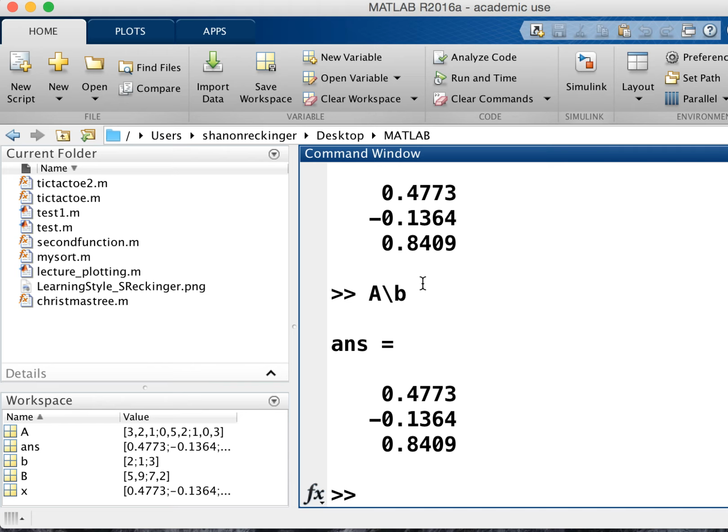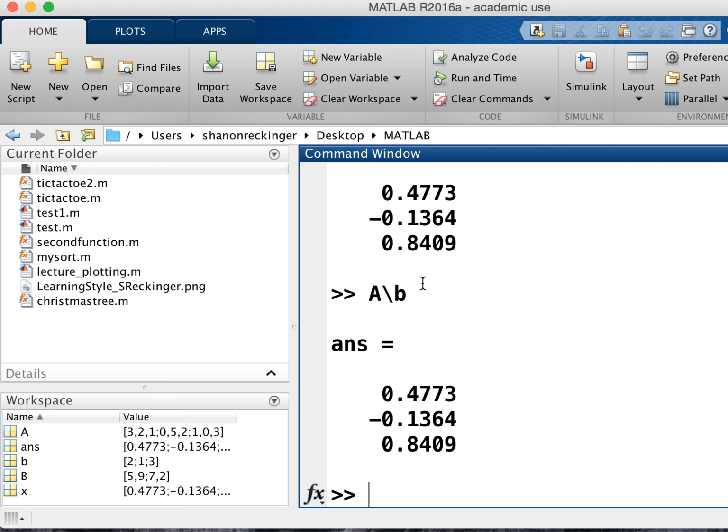And it's not that different from an inverse method, except it takes away some of the computations. Just to give you a cost breakdown, this method takes 2n cubed over 3 flops.